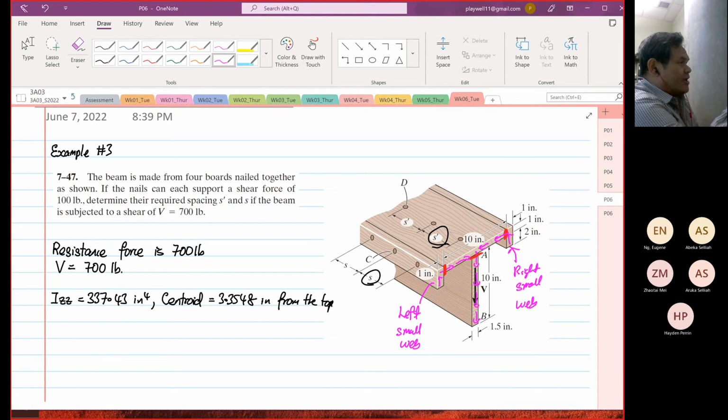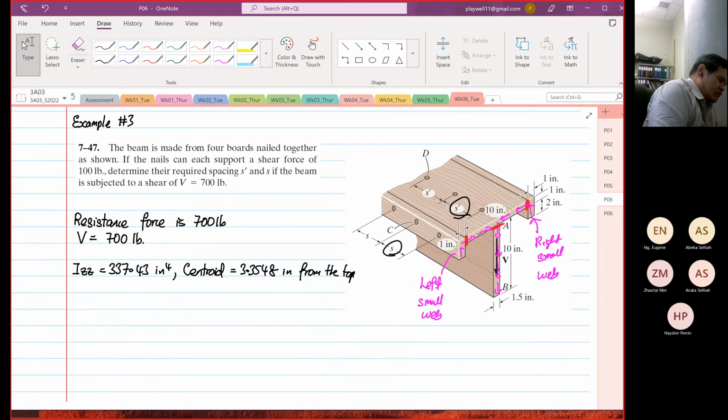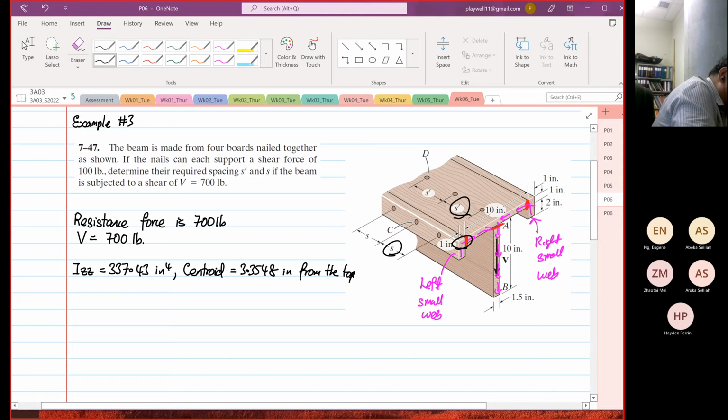Now it's considered like a what? A wide flange. Can you see that? They're not linked together at all. It's independent now. So you only need to consider the shear flow on the left web, which is not connected to the right web, because the nail will transmit the load.